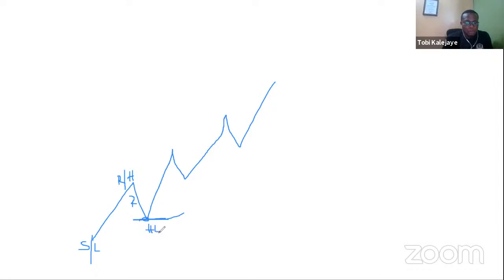I will not lose you. So we call this a higher low, but don't forget it is still a support point. And what did I say happens at support points? It means price has the potential to go up, so you can take buy decisions at these levels.